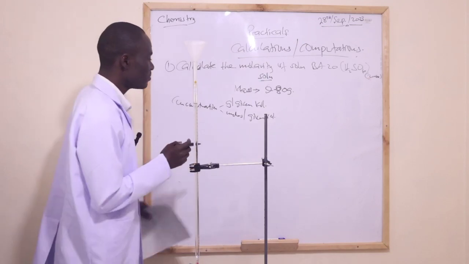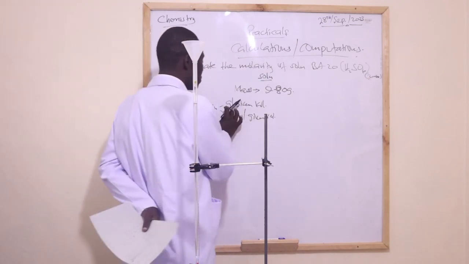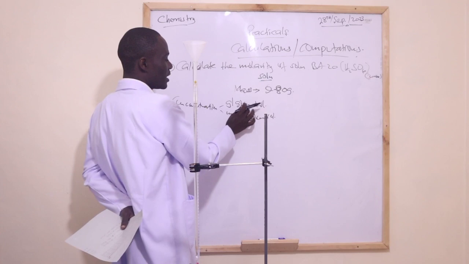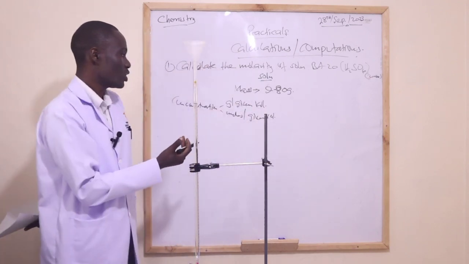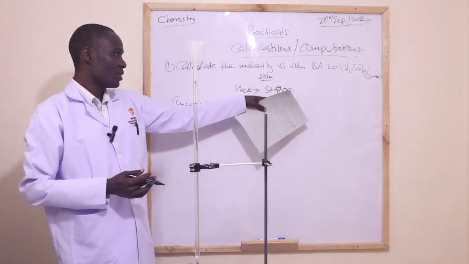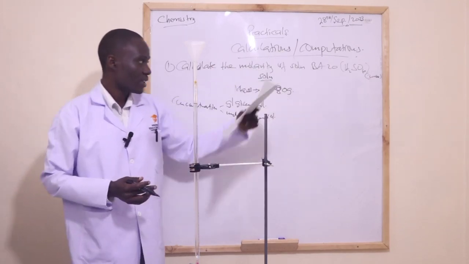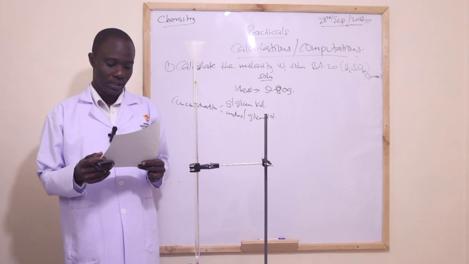In this case, because you're given the mass, you need to get the volume that is equivalent to this given 9.80 grams of this Ba20.